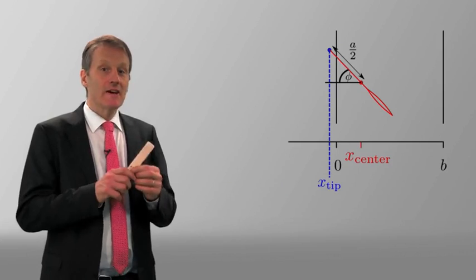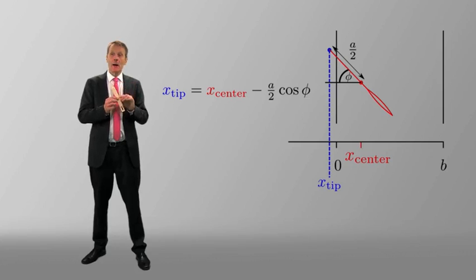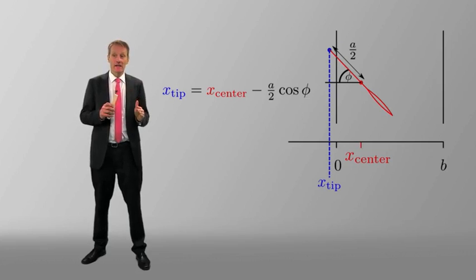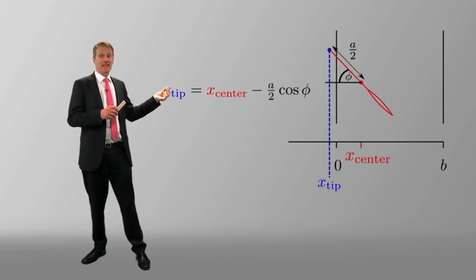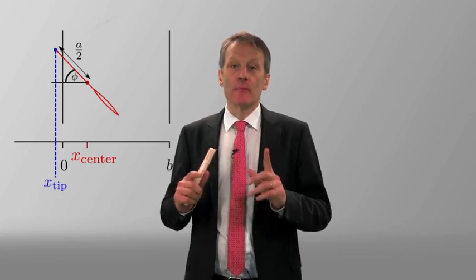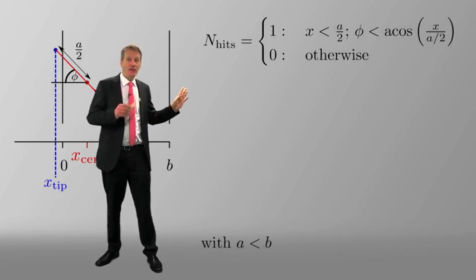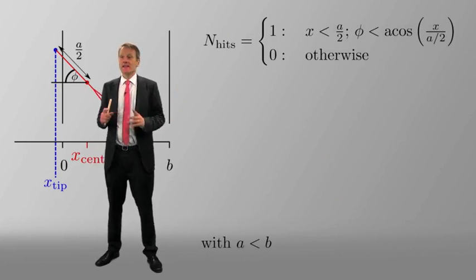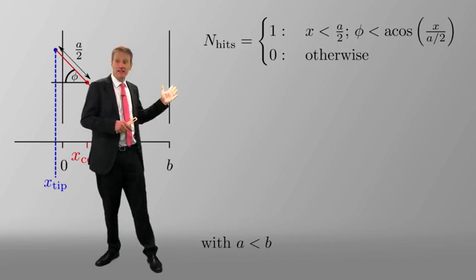Now, the x variable of the tip is given by x center minus a over 2 times cosine of phi. And if x of the tip is smaller than 0, we have a hit. More precisely, the number of hits of a needle centered at x and oriented along phi is given by n hits of x and phi, which is given by this formula.